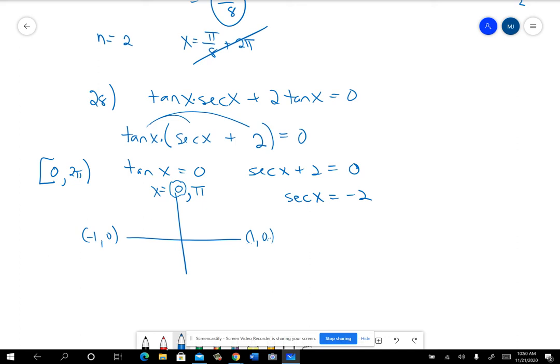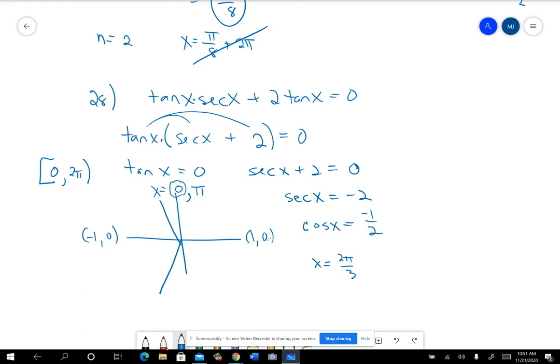All right, now for secant, if secant of something is -2, then the cosine of it would be the reciprocal of that. So that would be -1/2. Then I'd think about where my cosine is going to be -1/2. So it's going to be like here and here. And so I would look at the unit circle, and that's going to be at 2 pi over 3.